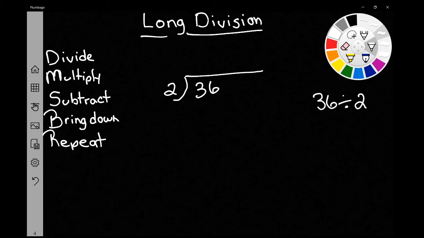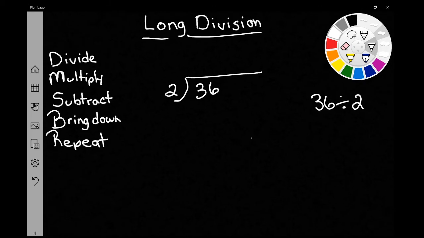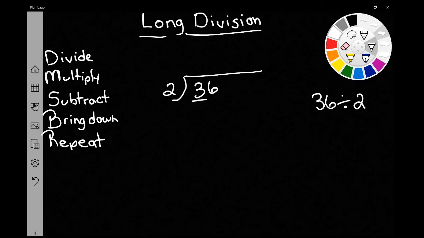All right, so my first step is going to be to divide. And remember, we're going digit by digit, so we're working with this number first. So 3 divided by 2. Now, 3 does not get divided evenly into 2 groups. It just doesn't happen, not in whole numbers anyway. So what I have to think about is how many 2's can I fit into 3?